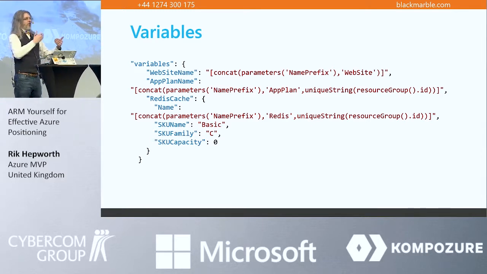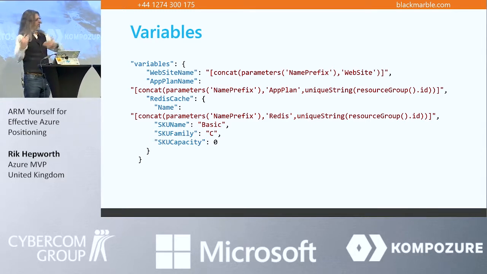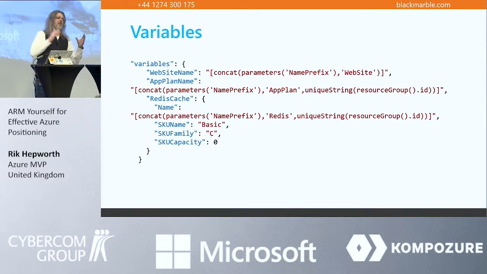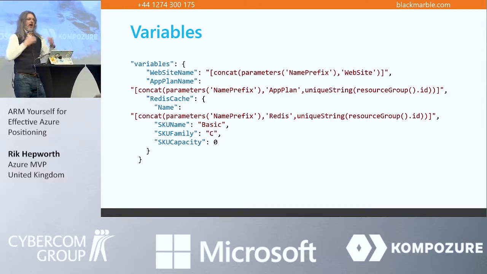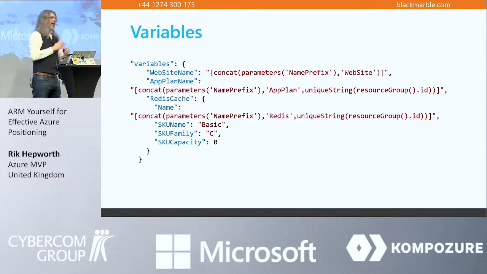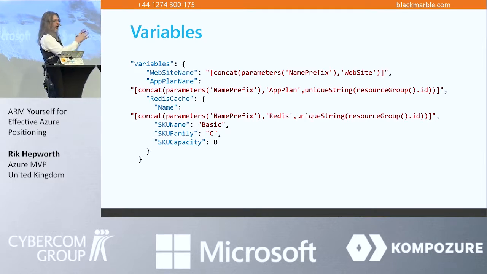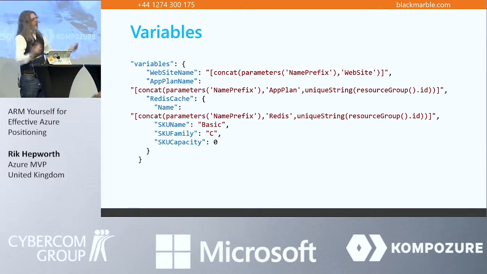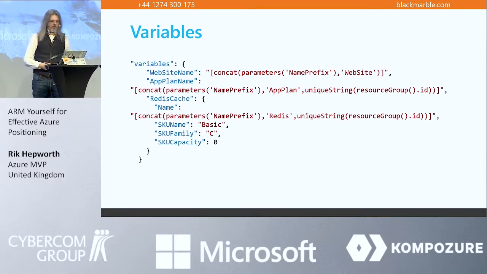So I'll have website.name, website.sku. What that means is that when I'm looking at it in the editor, I only see half a dozen variables in the UI in Visual Studio, and it's also very easy for me to work out what variable goes with what resource and how things are structured, and it is just logical and readable and easy to understand.